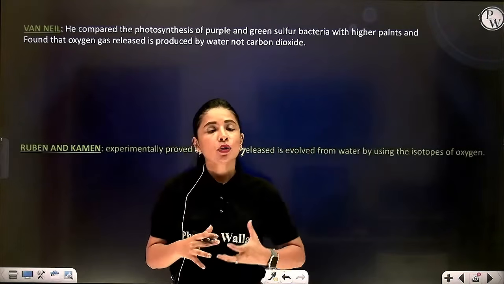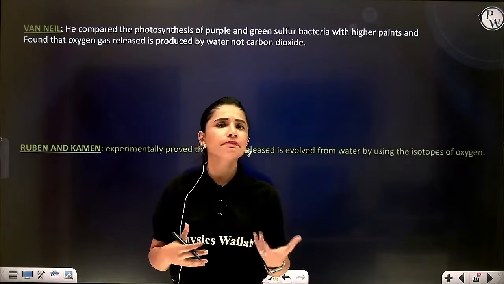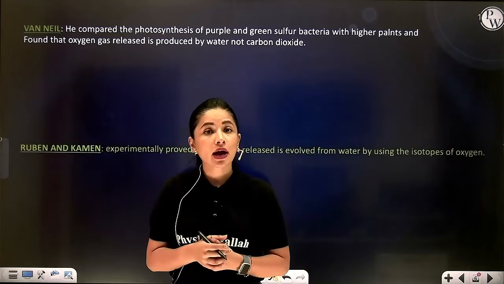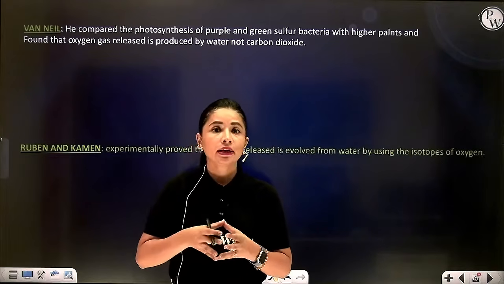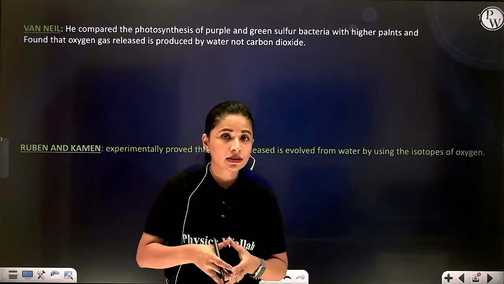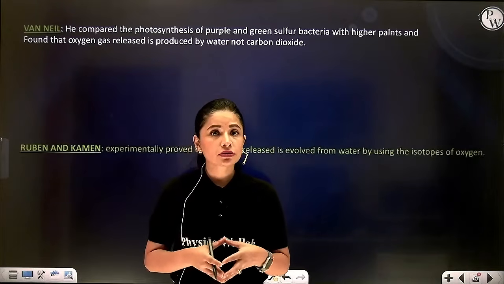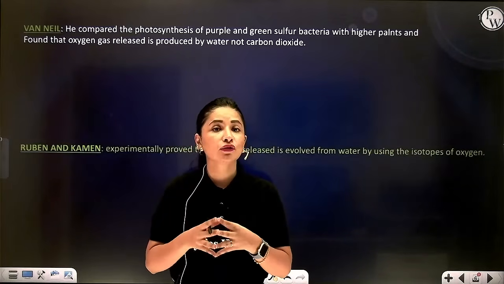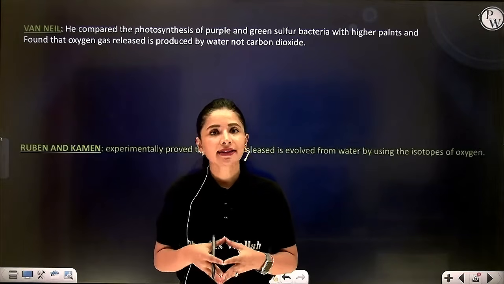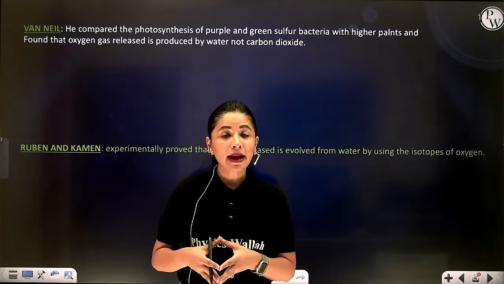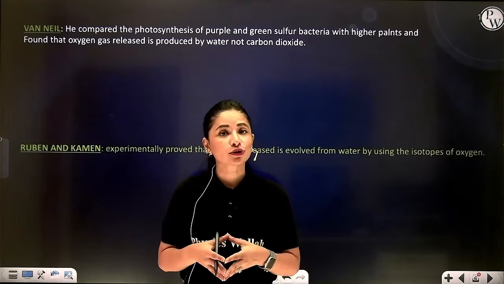Basically beta, Van Niel did a comparative study. He tried to compare the photosynthesis of green plants, that is higher plants, and the photosynthesis of purple and green sulfur bacteria. If you remember the chapter Monera, there I told you that some bacteria are photolithoautotrophs.